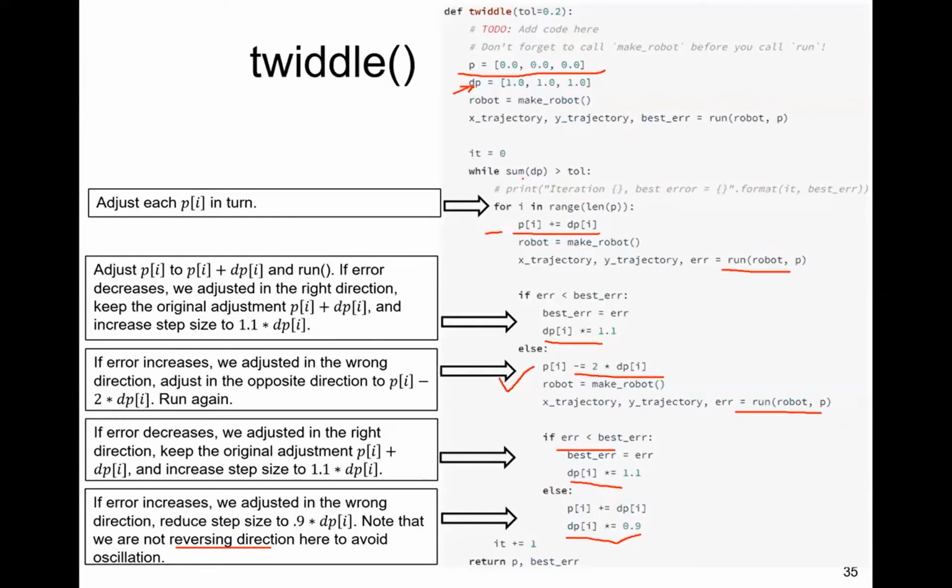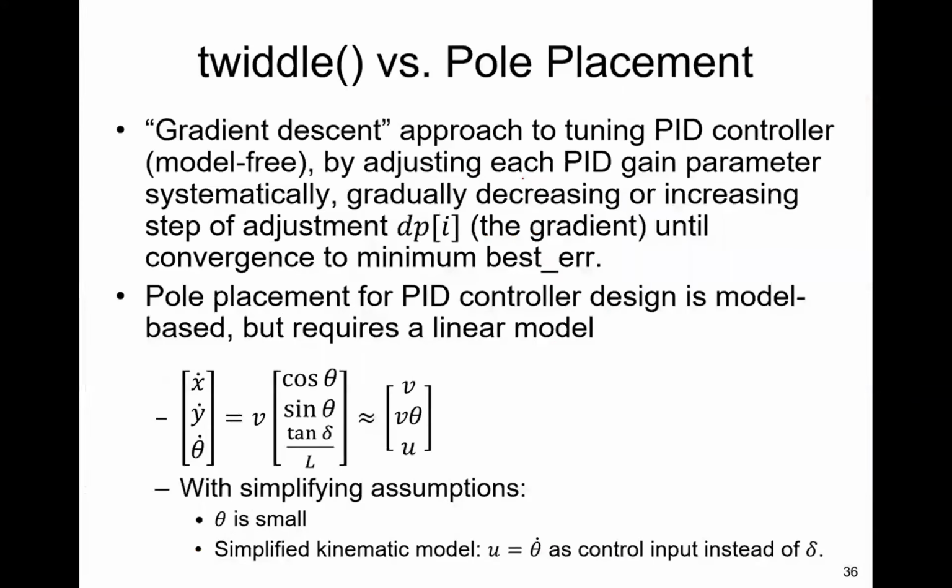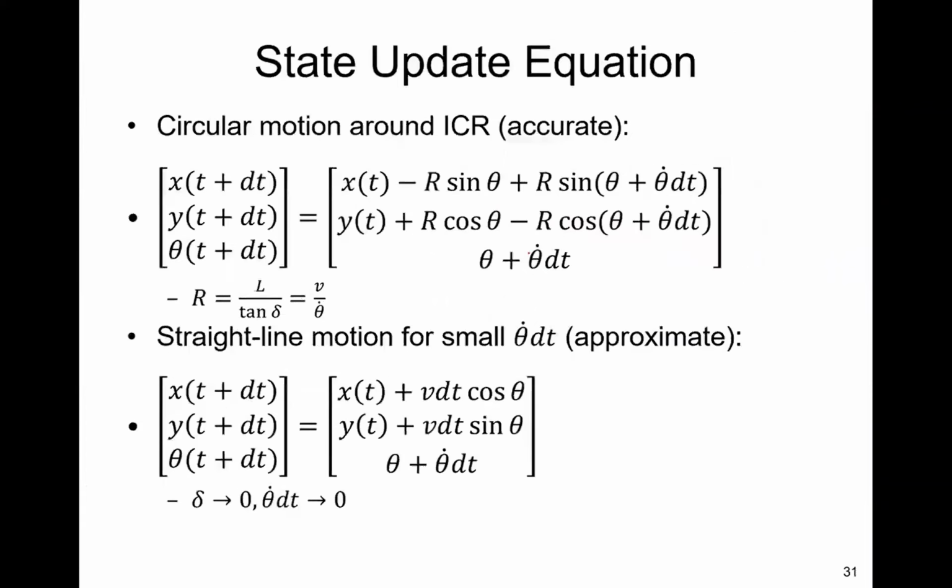Okay, any questions on this twiddle function? So twiddle versus pole placement. Twiddle is like a gradient descent approach to tuning a PID controller. Notice that the controller design is based on the accurate bicycle model, which is highly nonlinear.